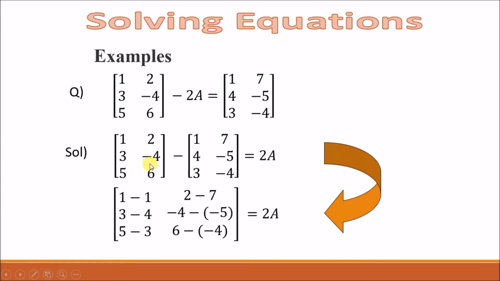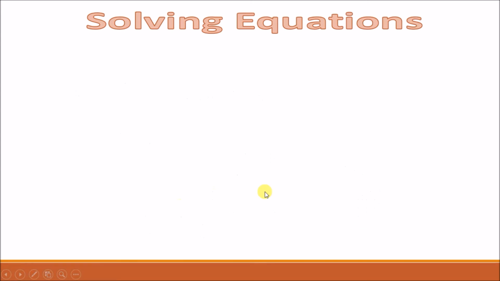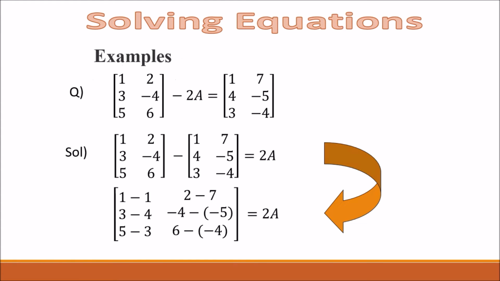Just like we have discussed in our previous lectures, we can subtract these two matrices by subtracting their corresponding elements. Now, as you can see, it was a result of twice of matrix A. So in order to find out the matrix A, we have to cross multiply this 2, and this will go on the left hand side of the equation.